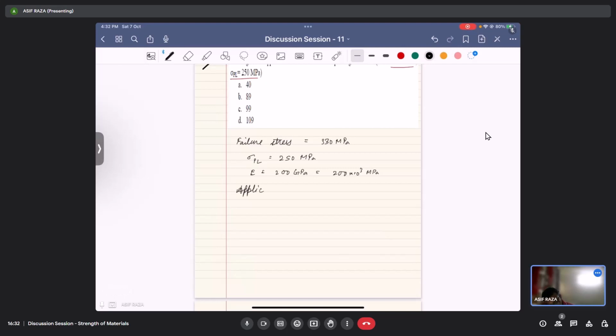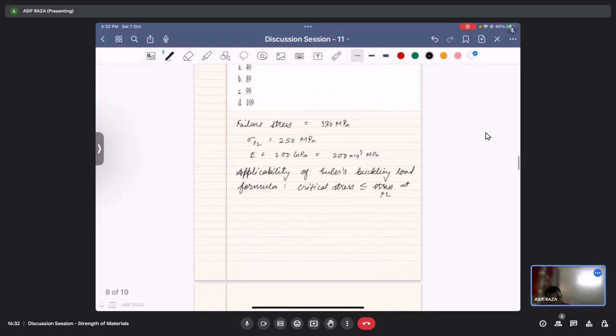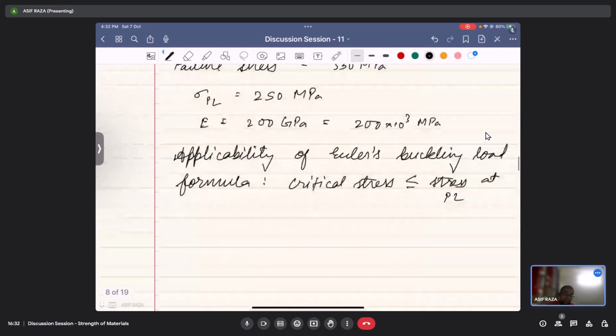For applicability of Euler buckling load, Euler's formula, the critical stress must be less than or equal to the stress at proportionality limit.